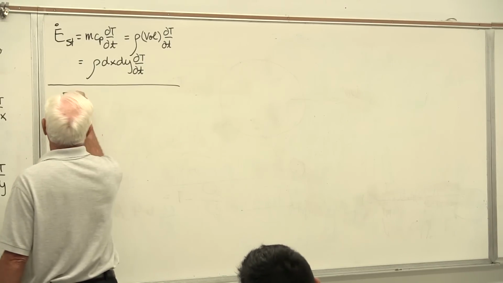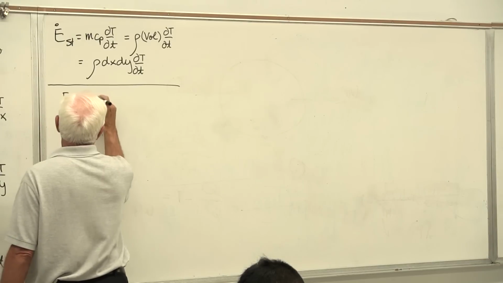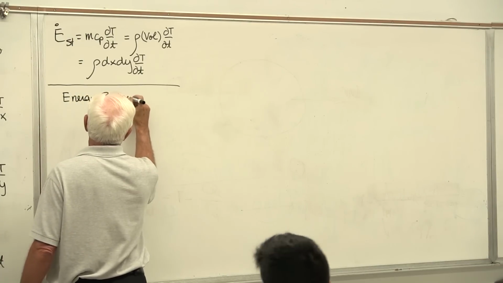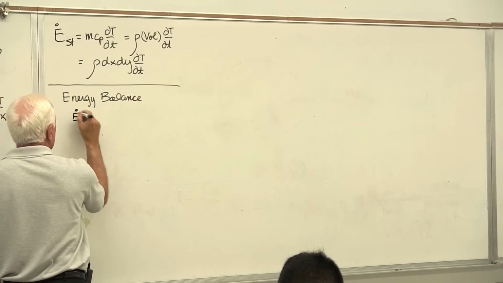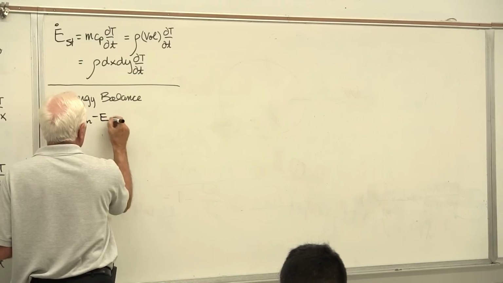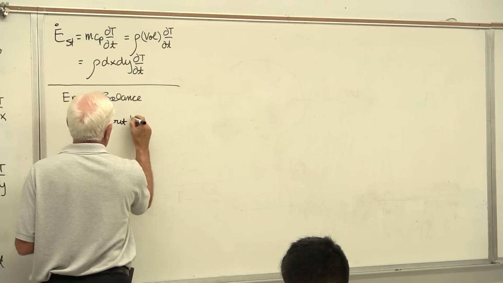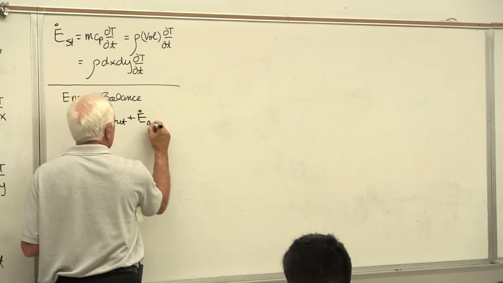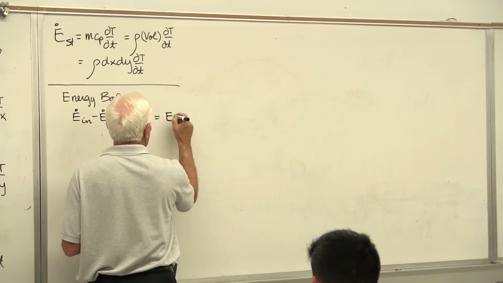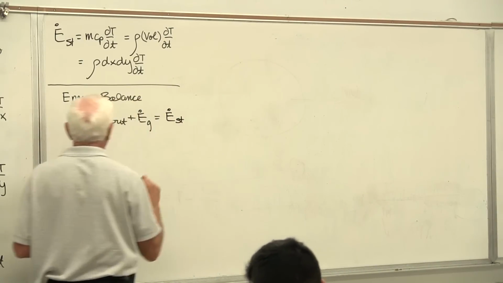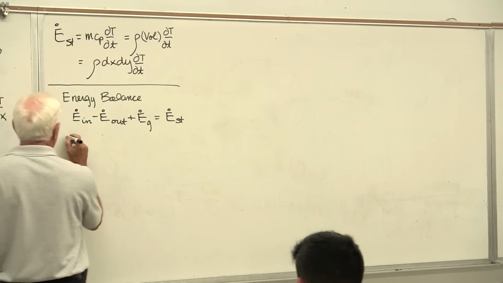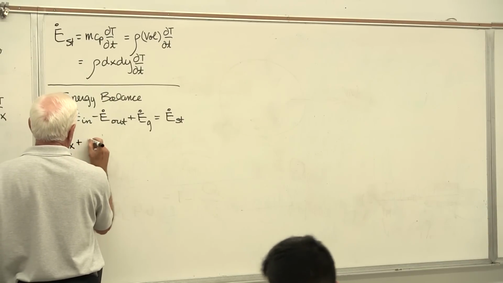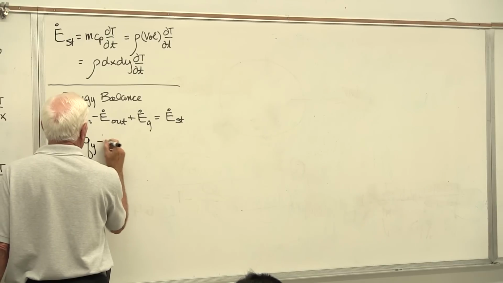Energy balance equation. It says what comes in, minus what goes out, plus the generation, equals the change in stored energy. Look at the picture. What comes in by conduction? Qx plus Qy. What goes out?